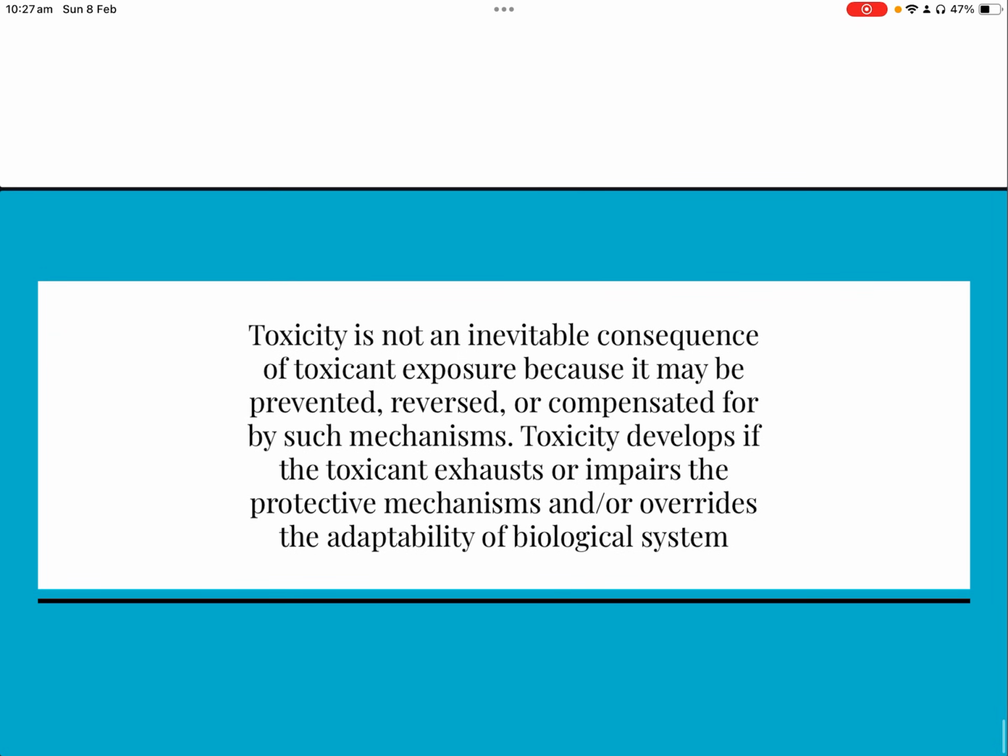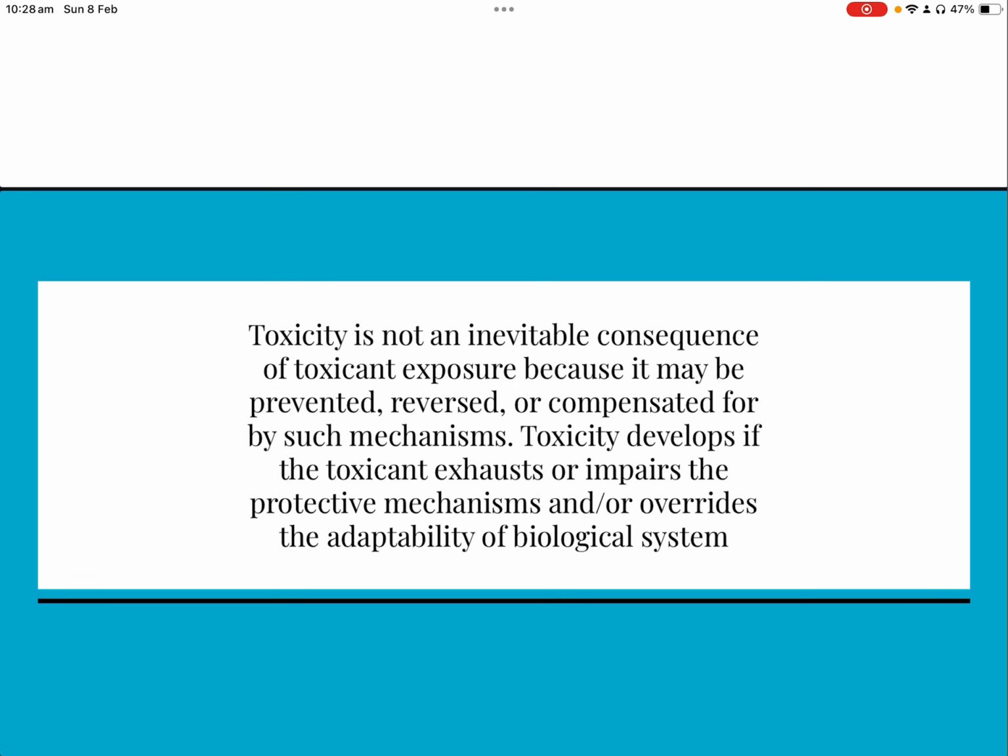So our last slide: toxicity is not an inevitable consequence of toxicant exposure. Inevitable means unavoidable, so toxicity is avoidable. It is something that we can prevent, because your toxicant exposure can be prevented, you can reverse it, you can compensate for it by such mechanisms.